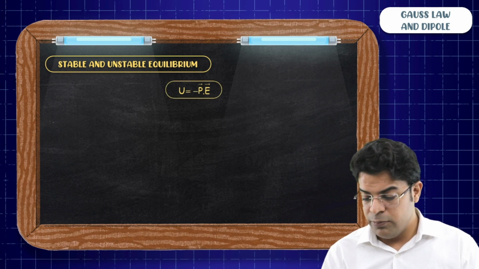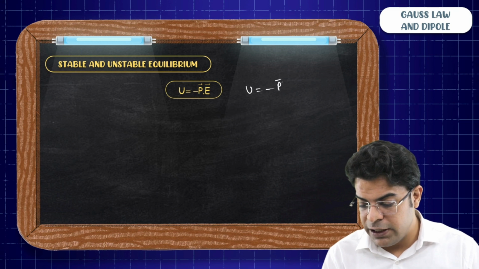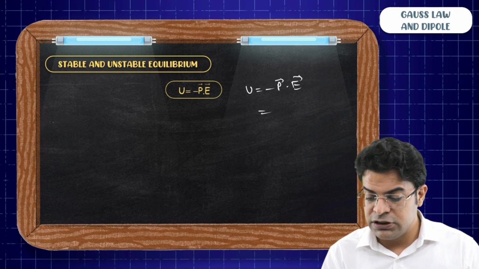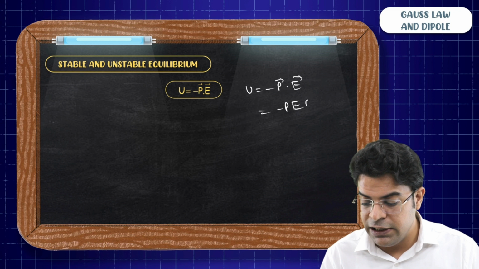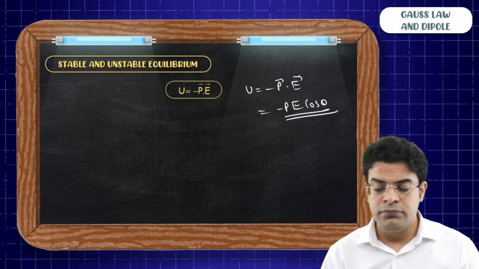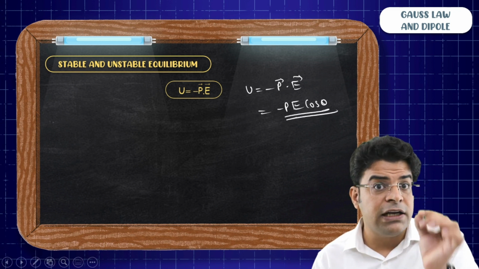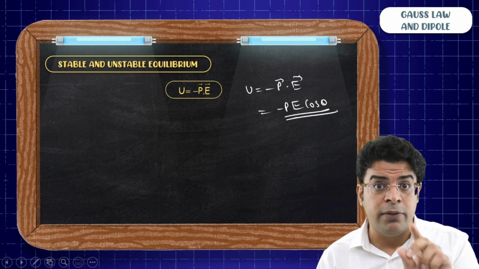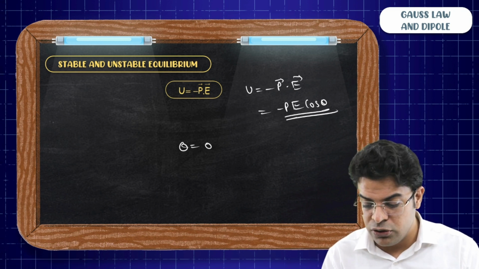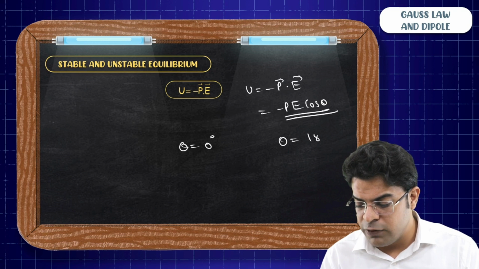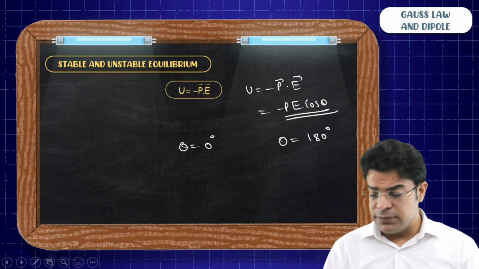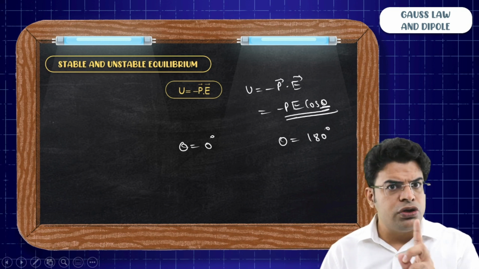Potential energy is minus P dot E, which equals minus Pe cos theta. We have learned that the dipole will be in equilibrium for theta equals 0 degrees or theta equals 180 degrees. If I substitute, cos 0 is 1.